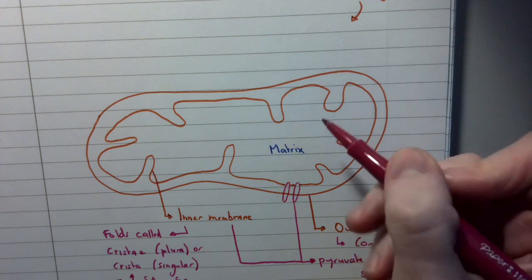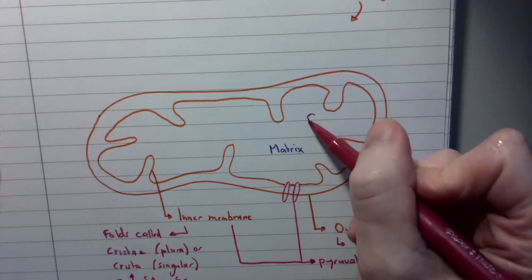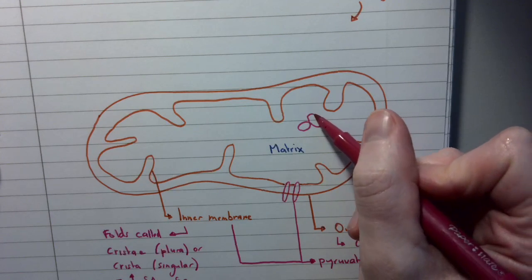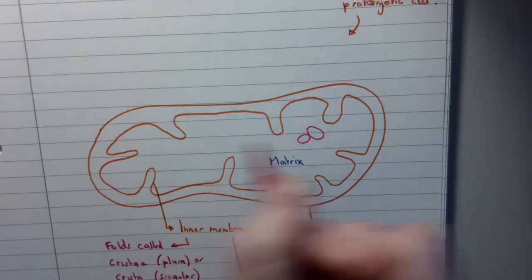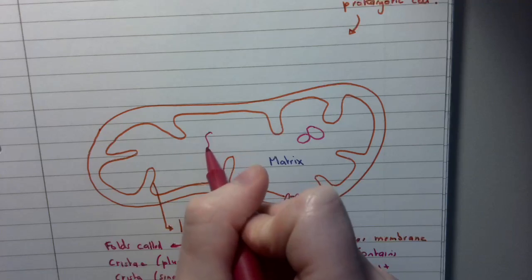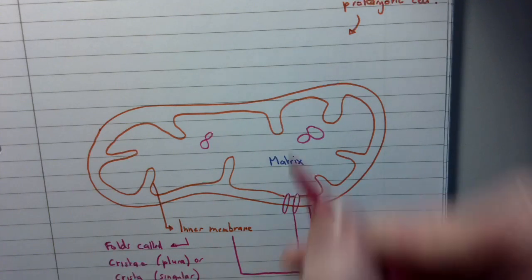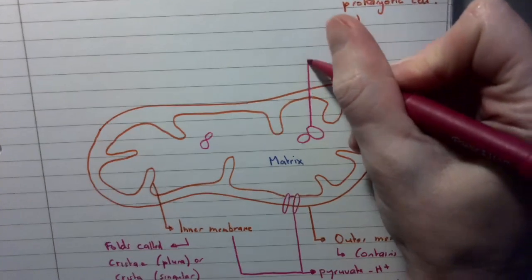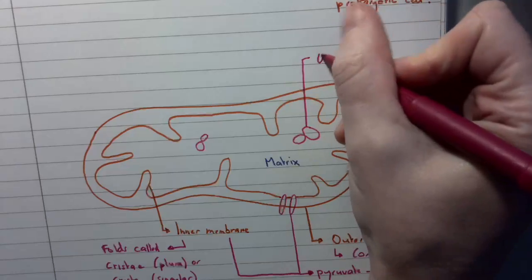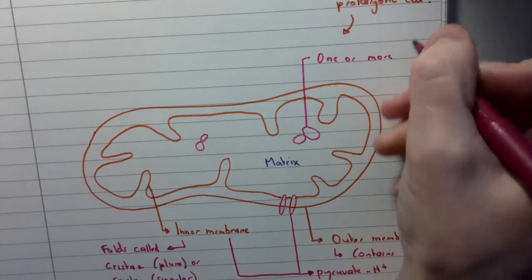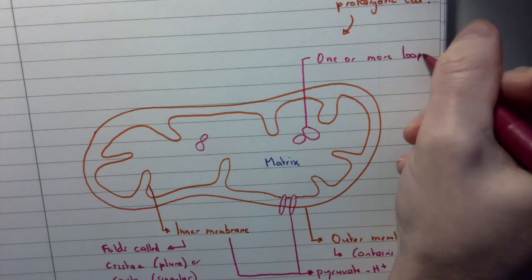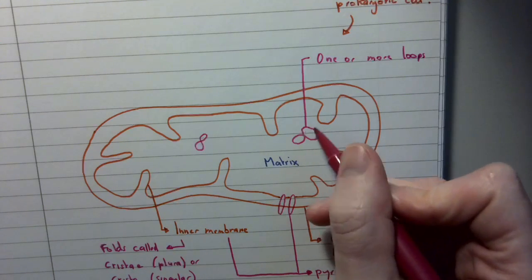You'll also find in mitochondria one or more loops of DNA, like you find in prokaryotic cells. Sometimes it's just one, but sometimes there can be several, so I'm going to draw two in mine to show that. And then I'm going to put a label up here: one or more loops of DNA. They join end to end just like they do in prokaryotic cells.